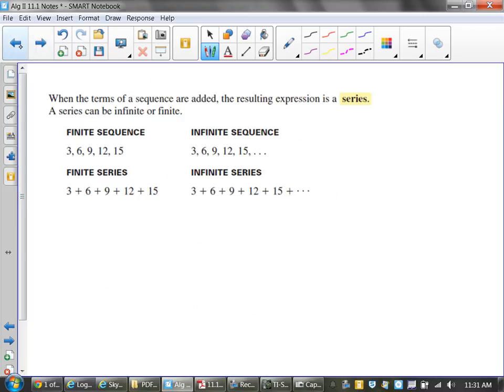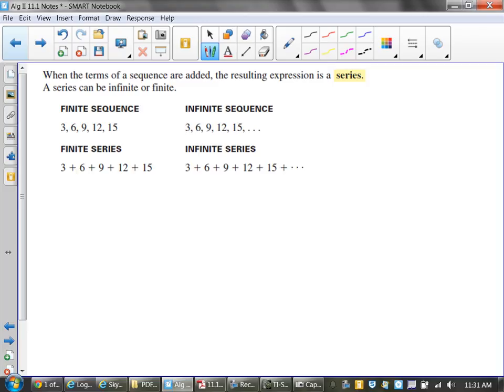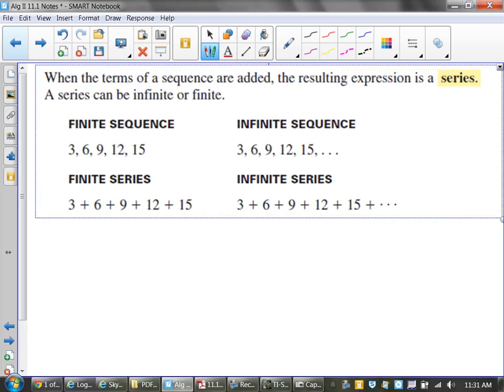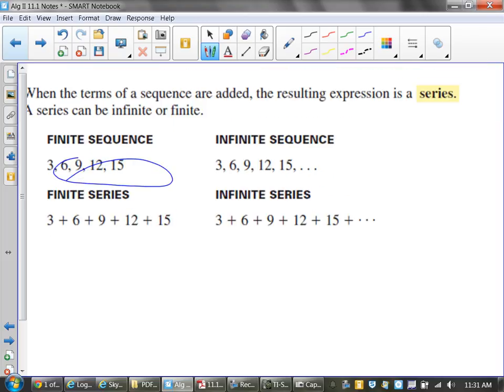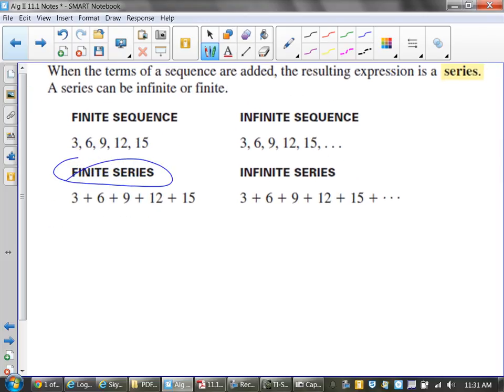So let's talk about this in terms of a series. The difference between a sequence and a series is that a sequence is the list of numbers, 3, 6, 9, 12, 15, and so on. A series is going to be 3 plus 6 plus 9 plus 12 plus 15. The series has the addition symbols in it. You're adding up all the values from a sequence.